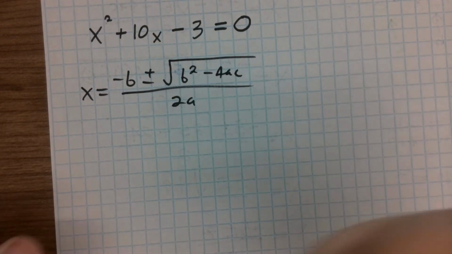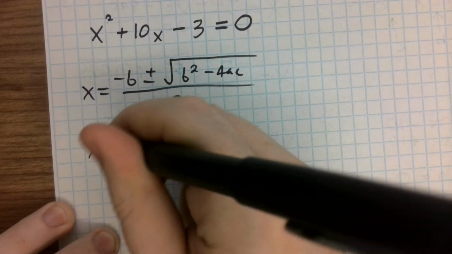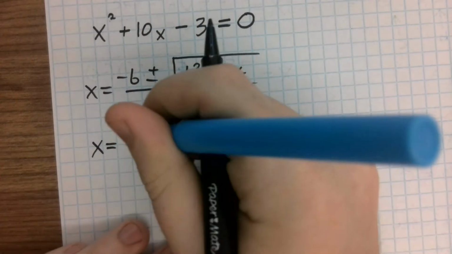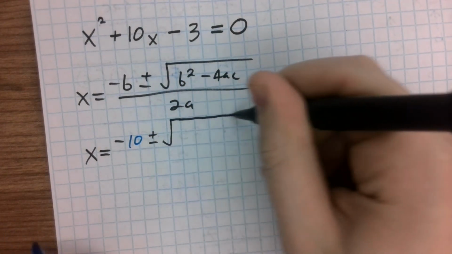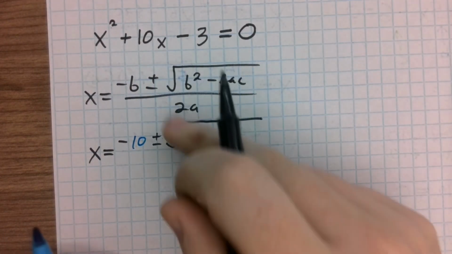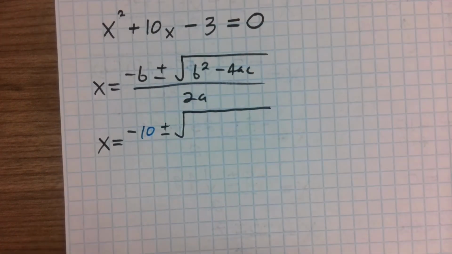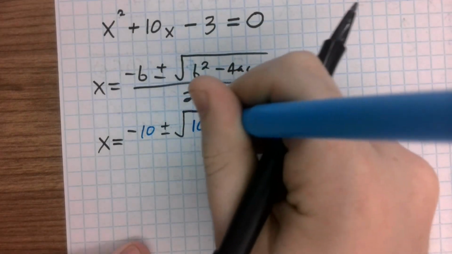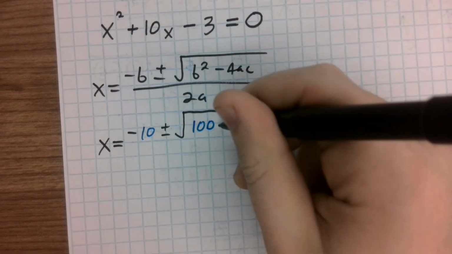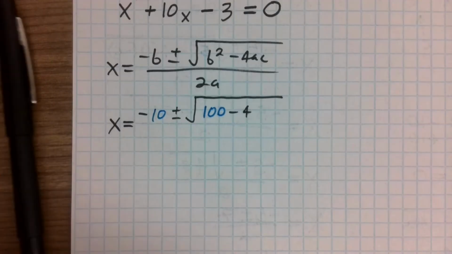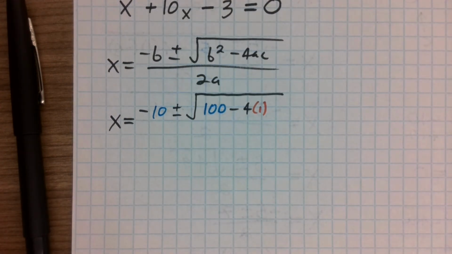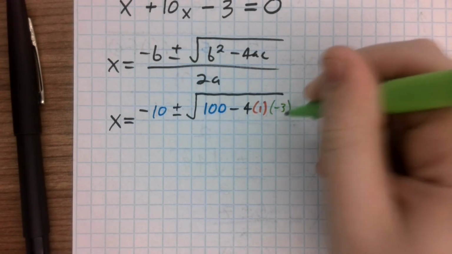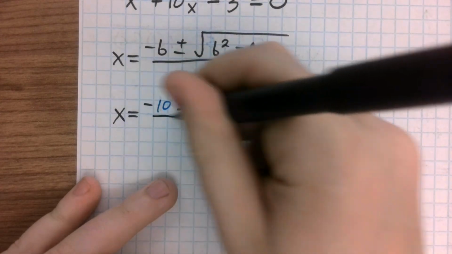If we actually go through and do this, we would get x is equal to negative 10 plus or minus the square root. To skip a step, instead of writing down 10 squared, I'm just going to write 100 because we know 10 squared is 100. Minus 4 times a, again I made it 1 to make it nicer, c, which is negative 3 all over 2a.